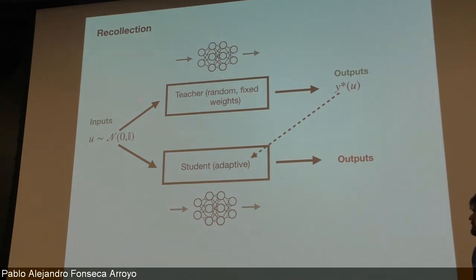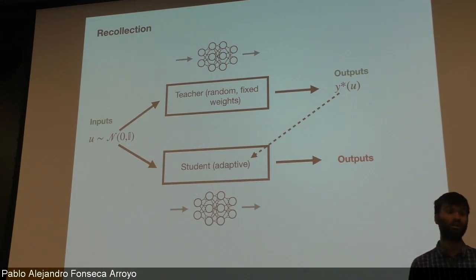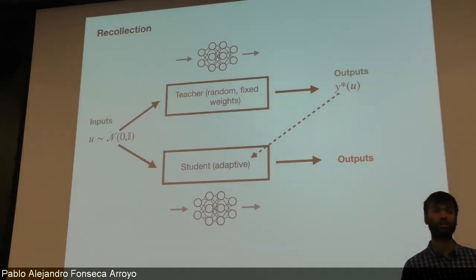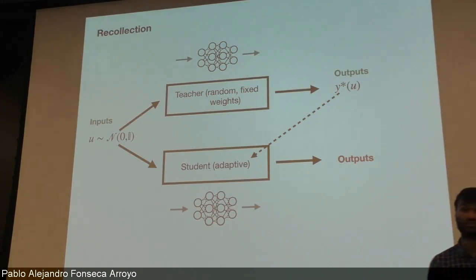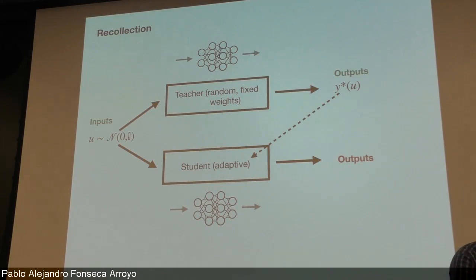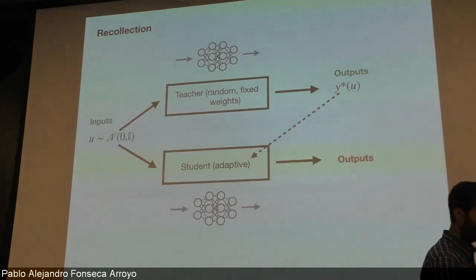We put inputs into both the teacher and the student, and then the teacher outputs become the labels of the student, and then we do noise-corrupted supervised learning of the student. And we're going to have a family of students. Just like at the beginning of the talk, the key thing is that all of the students can theoretically learn the teacher to zero steady-state error. So generally, the teacher is going to have the same architecture as the smallest student.